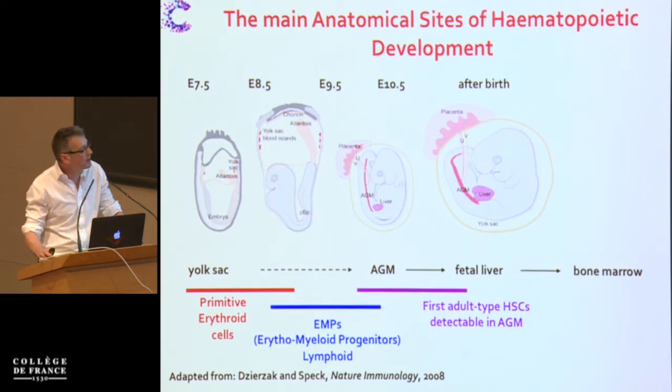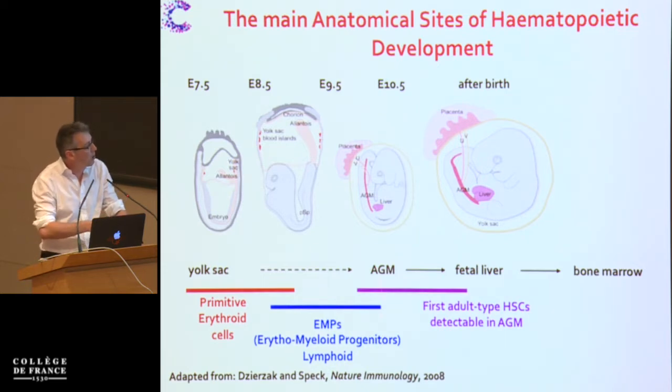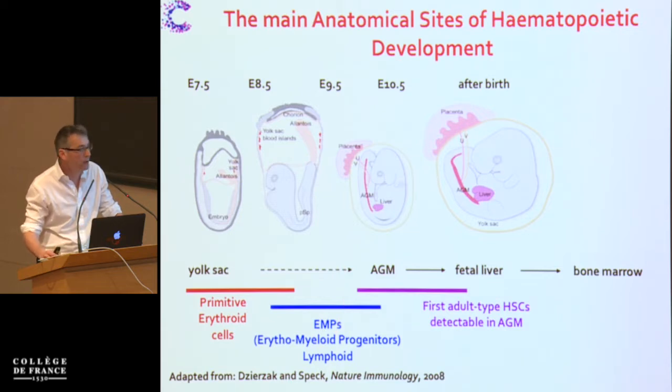The most recent data indicate that it's a three-wave system where at first you don't generate hematopoietic stem cells directly, but you generate more mature cells because it's what the embryo needs. The first mature cells are generated in the yolk sac, and they are primitive erythroid cells, because it's what the embryo needs to develop. Later on, again still in the yolk sac, you have generation of EMPs, or erythroid myeloid progenitors, and some lymphoid cells.